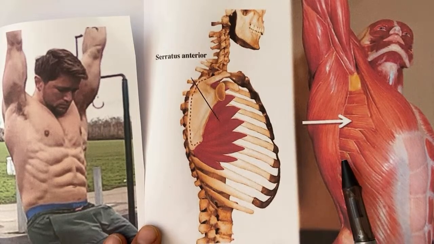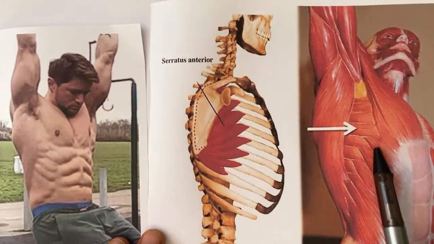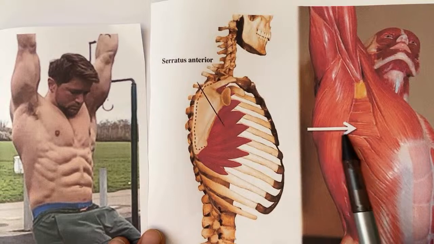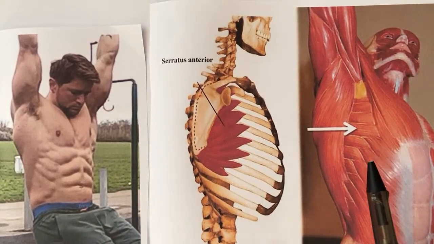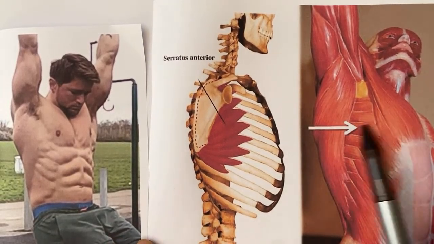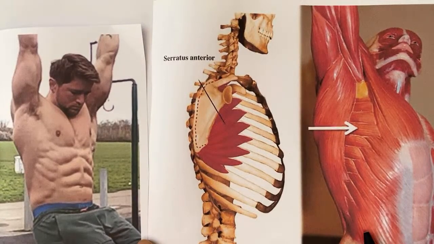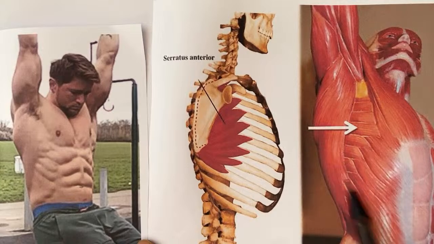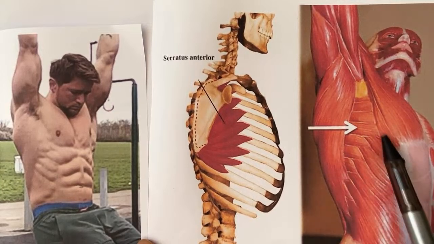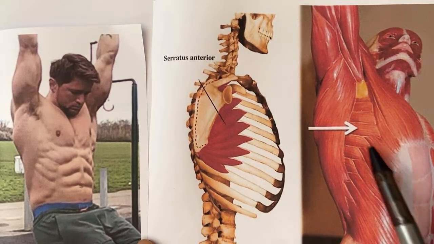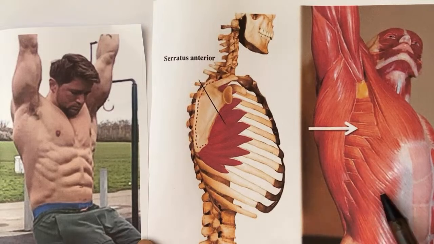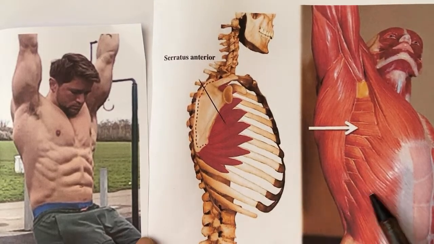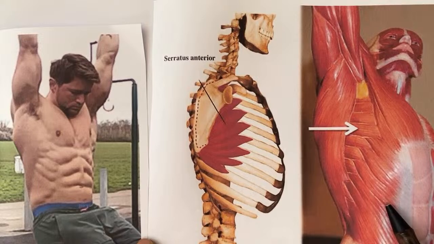Obliques. So serratus anterior, anterior means front. So serratus and the obliques. And notice on this anatomical model here, notice how the serratus kind of looks like the shape of the ribs, and you would be correct.